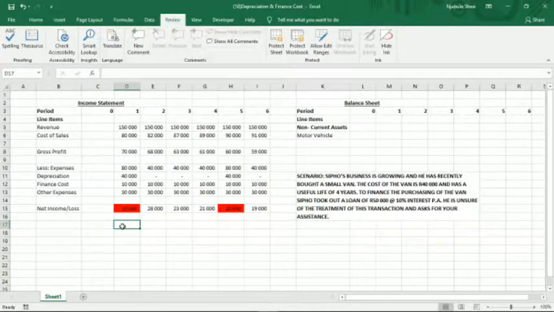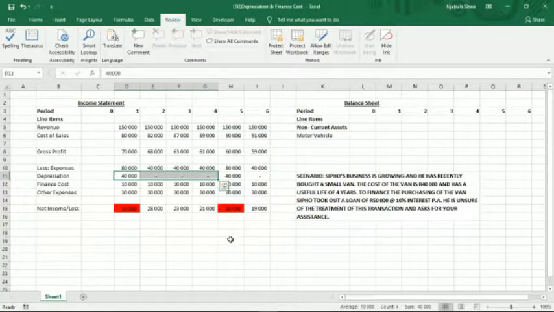We've been provided with a cost value of the van, which is 40,000 rands, and a useful life of 4 years. So what we have to do is allocate this depreciation over 4 years.